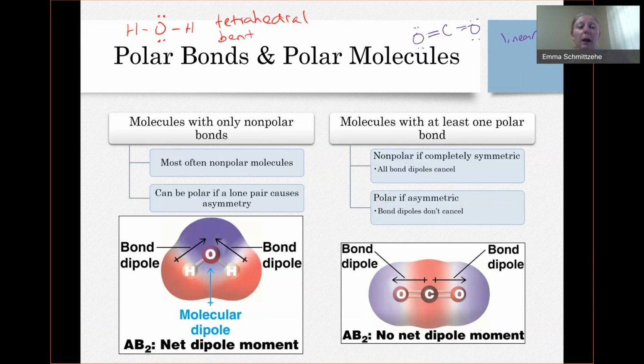Because when you draw things on paper and just try to figure out what cancels out, sometimes you can mislead yourself. For instance, the water molecule, if you drew those hydrogens straight across, you might think, well, that's completely symmetric, so it cancels out. Well, it's not really. Not three-dimensionally, it isn't.